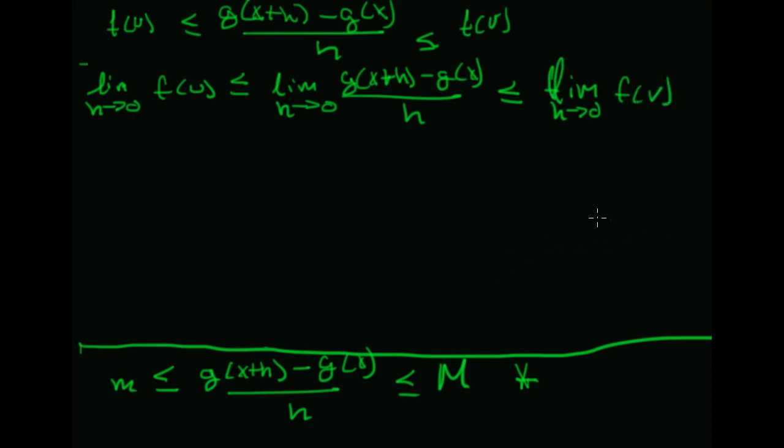All right, well, h is the distance between x and x plus h, right? If that goes to 0, x and x plus h become a single point. So this is just going to become f of x. This is the derivative of g at x. And this, again, is going to become a single point, which is f of x.